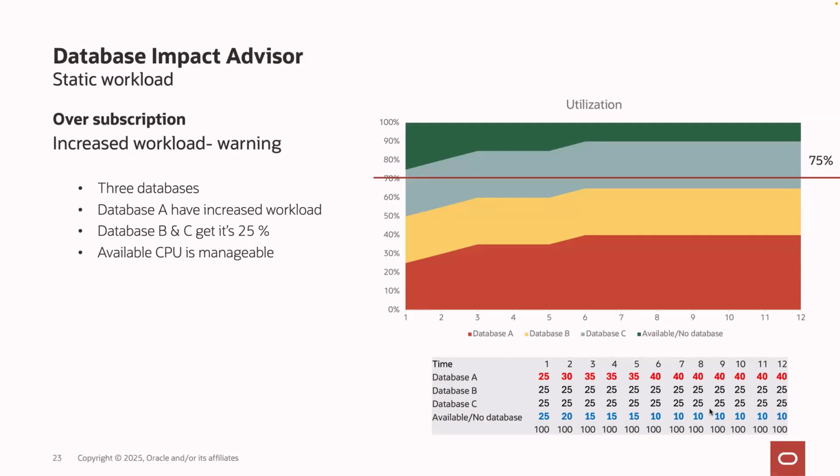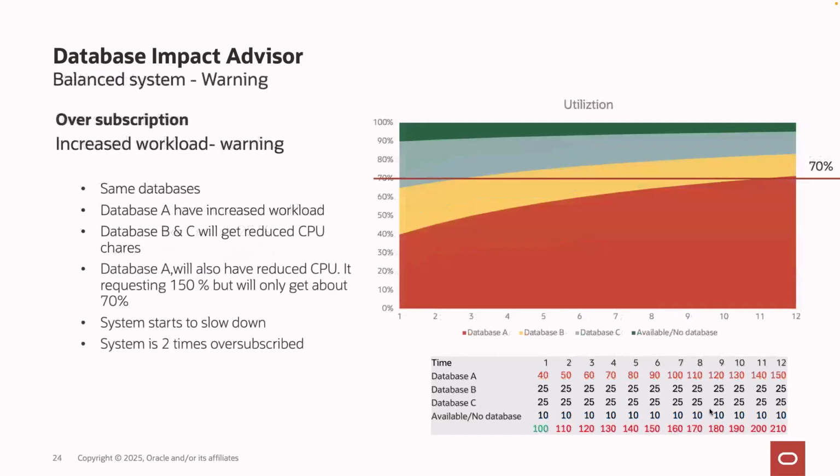The available or non-database CPU will decrease. And databases B and C are still getting their 25% of the resources. We are still inside the limits. There will be minor problems in this situation.